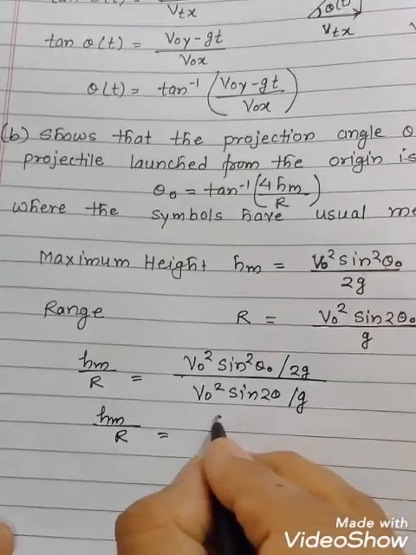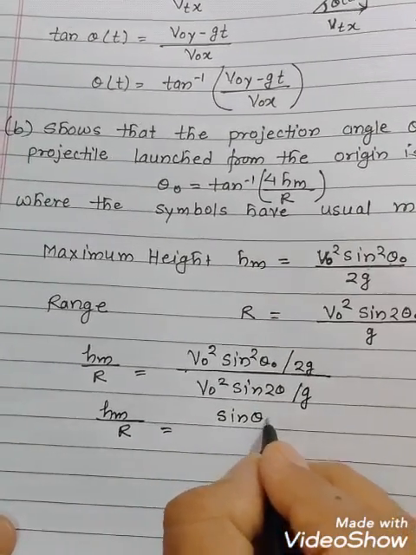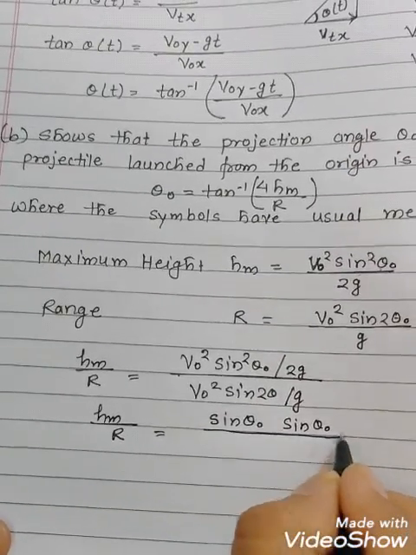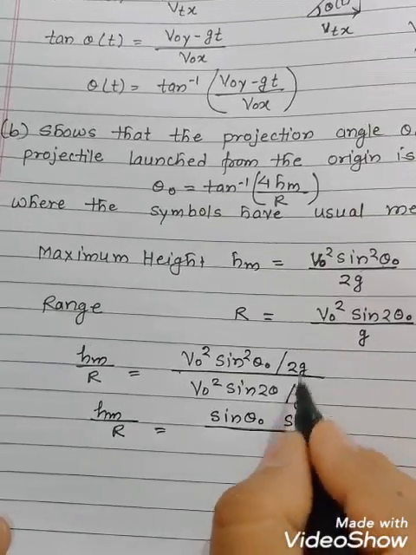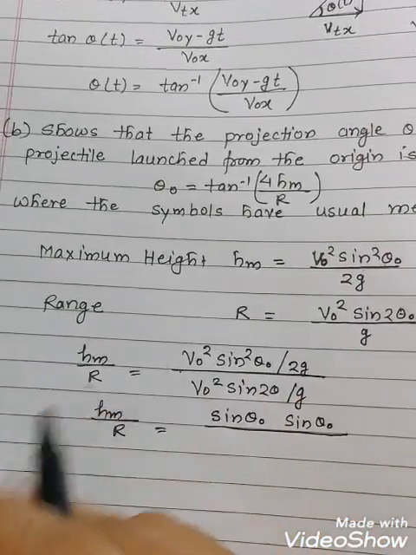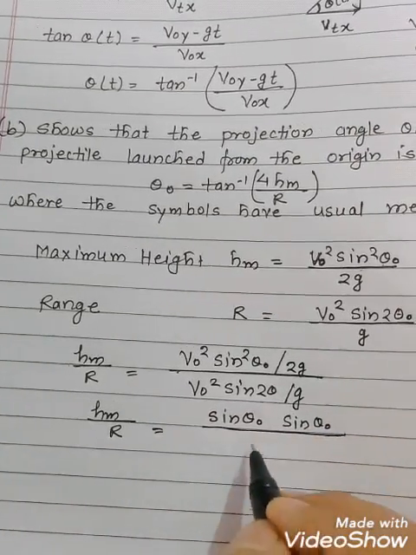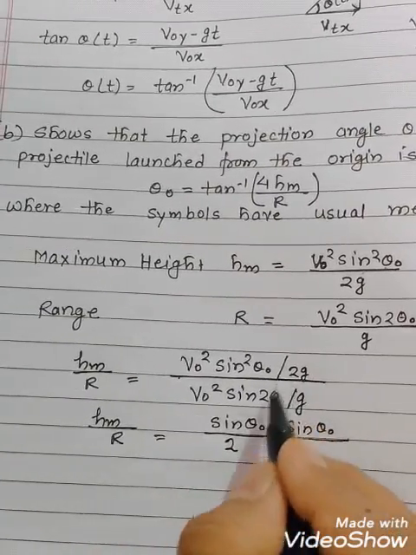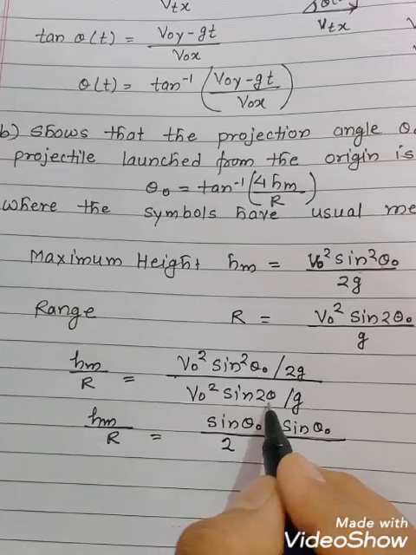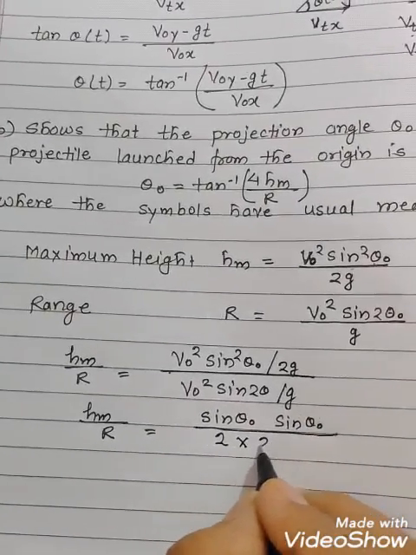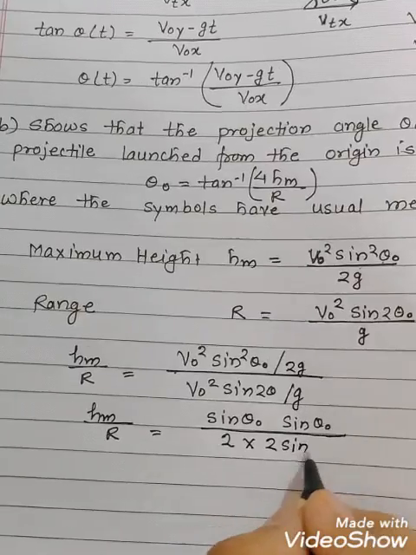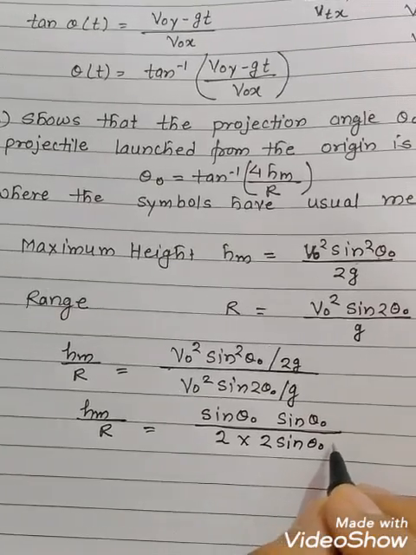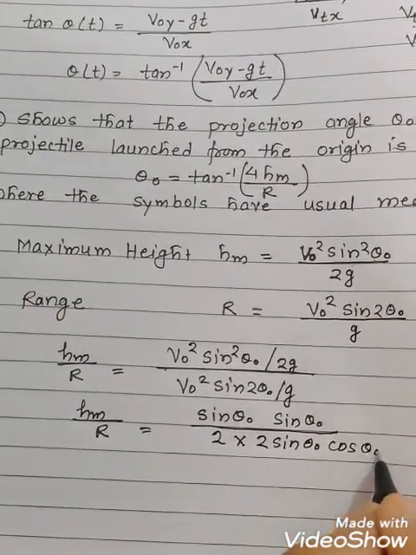Sin²θ₀ we can write as sin θ₀ multiplied by sin θ₀. You can see that g and g also would be cancelled, and this 2 will come at the bottom. And in place of sin 2θ₀ we can write 2 sin θ₀ cos θ₀.